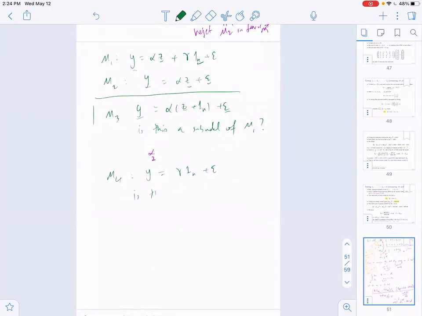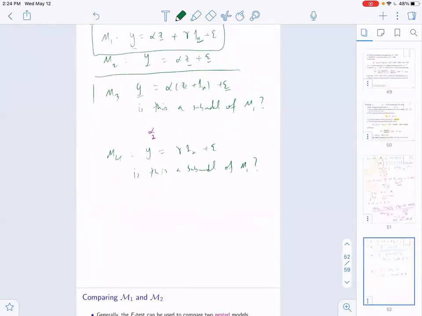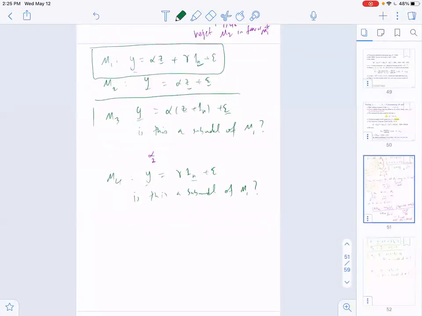Is this a submodel of M1? Are you guys there? This is M1. It is. Why? Because all the terms in M4 are in M1. So all the terms that are in M4 also exist in M1.